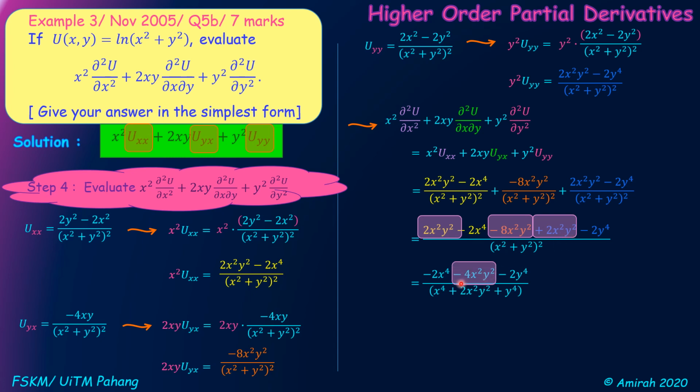So we get negative 4x squared y squared, and we still have negative 2x to the power of 4 and minus 2y to the power of 4.